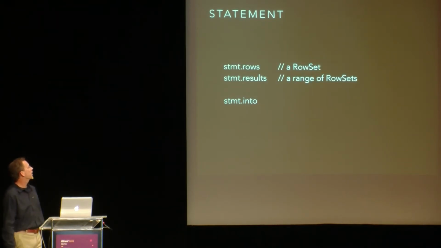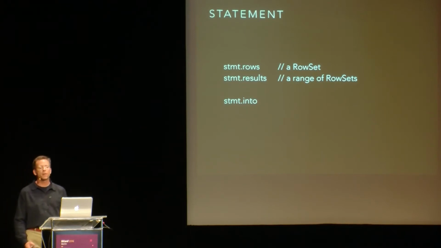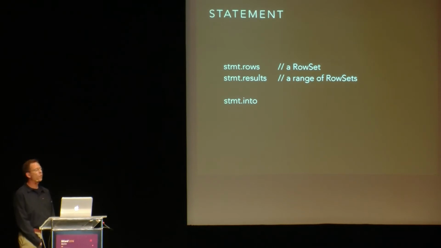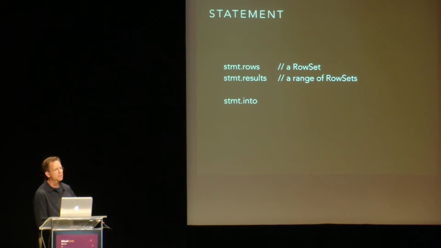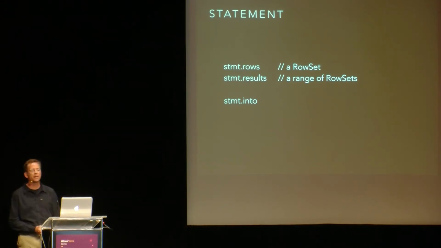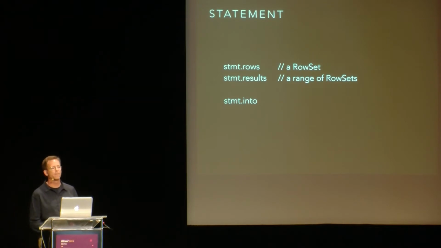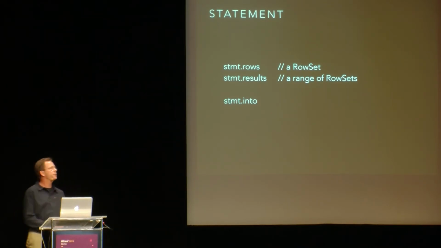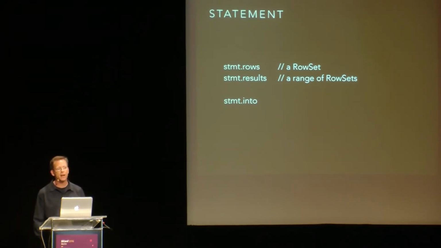Statement also has some other accessors. Now, there is a statement.rows and there's a statement.results. The reason why there's two of these is because a lot of people don't realize that many databases can return multiple result sets per query. The most common use case by far is that you simply want to issue a query and you want to get the results back for one query.